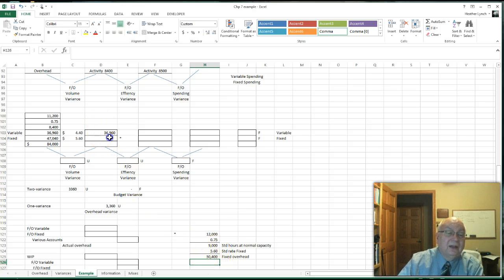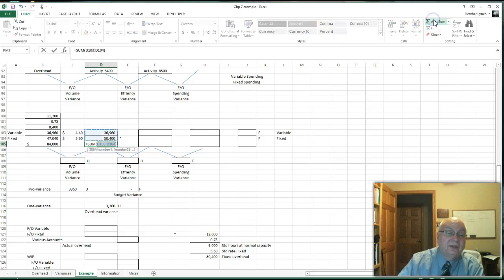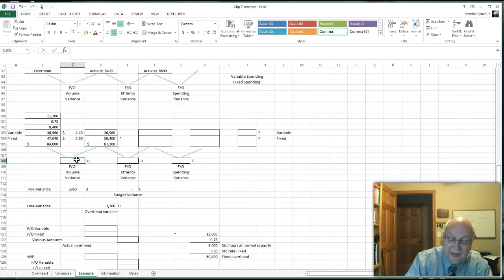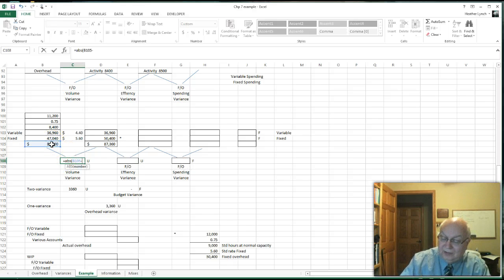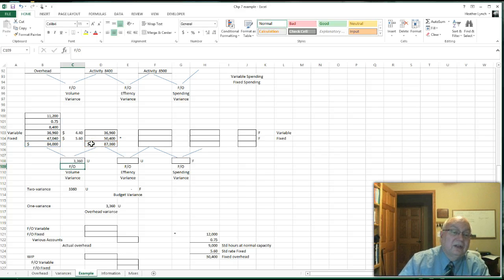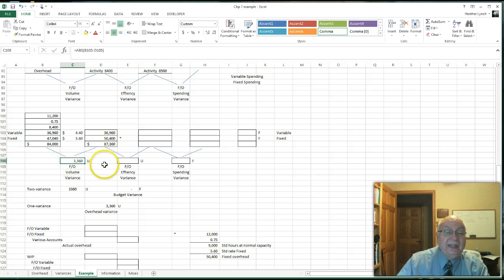This is the reverse of that, so this will be 50,400. And then this is those two added together, which is 87,360. Okay, so this is equal to the ABS of 84,000 minus 87,360, and that's larger, so it's unfavorable by 3,360. So you take 84,000 minus 87,360. Remember, you don't have positive or negatives. So that's 3,360 unfavorable.